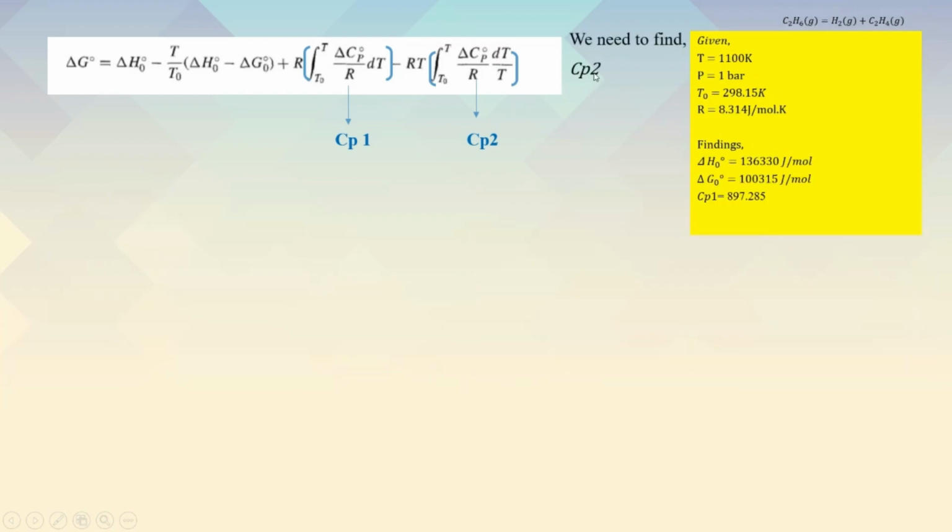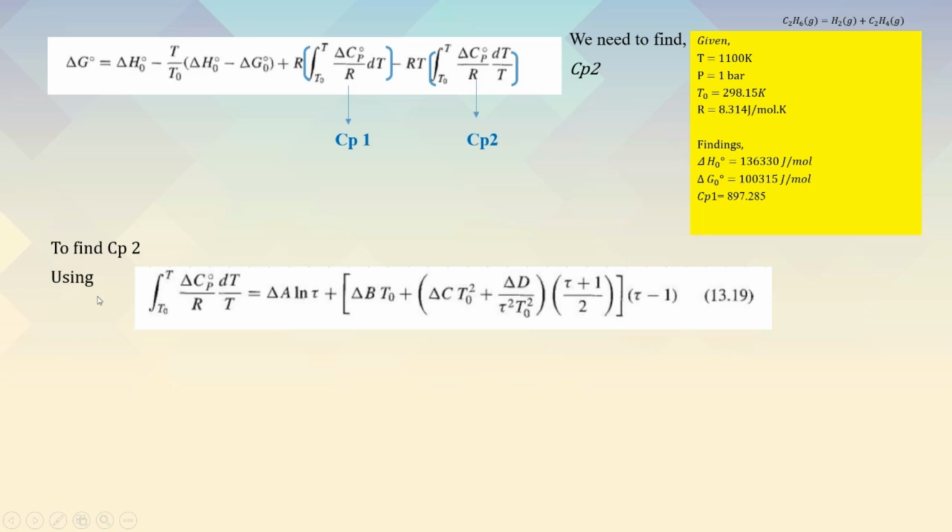So we already find CP1. Next we're going to find CP2. To find CP2, we will use this equation and equation 13.19. In equation 13.19, we need the value of tau, del A, del B, del C, and del D, which we already calculated in CP1. So the calculation and the value from CP1, we just strictly take the answer.